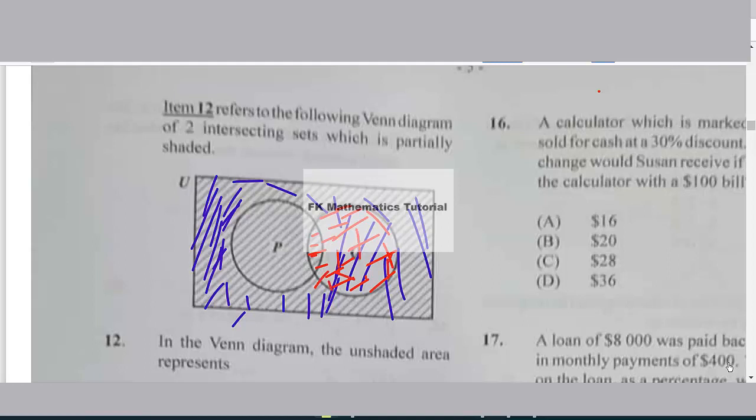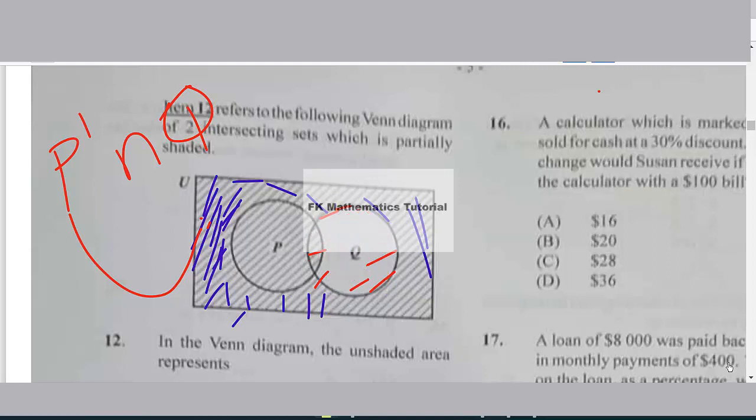So you can see that there's a region where the red and the blue are intersecting. So that region is P prime intersection Q. So P prime is this region here, and Q is all the region here, which is inside Q. They intersect at this unshaded region.